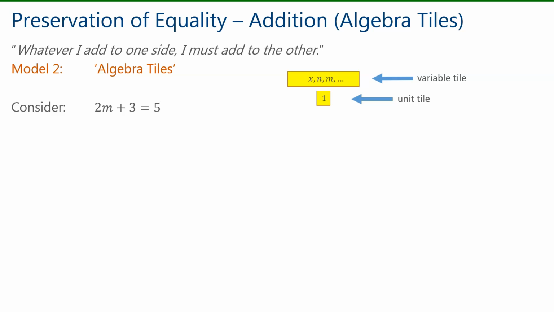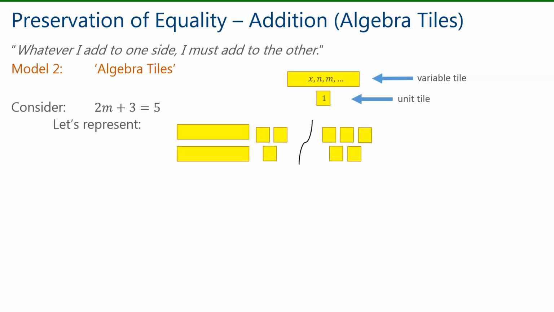If we have 2m plus 3 equals 5, and we're going to represent, then on the left-hand side, I have 2 variable tiles to represent the 2m, and I have 3 unit tiles to represent the positive 3. So that's on the left-hand side. On the right-hand side, I have my 5 unit tiles to represent a 5.